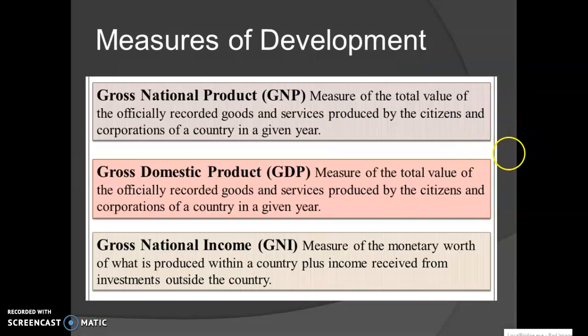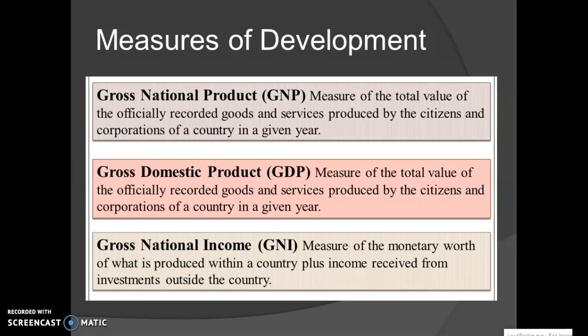We talked at the very beginning, when we talked about development, about gross national product, gross domestic product, gross national income, right? You're going to need to know how to measure these. Gross national product deals with the value of goods and services that are produced by citizens and corporations of a country.